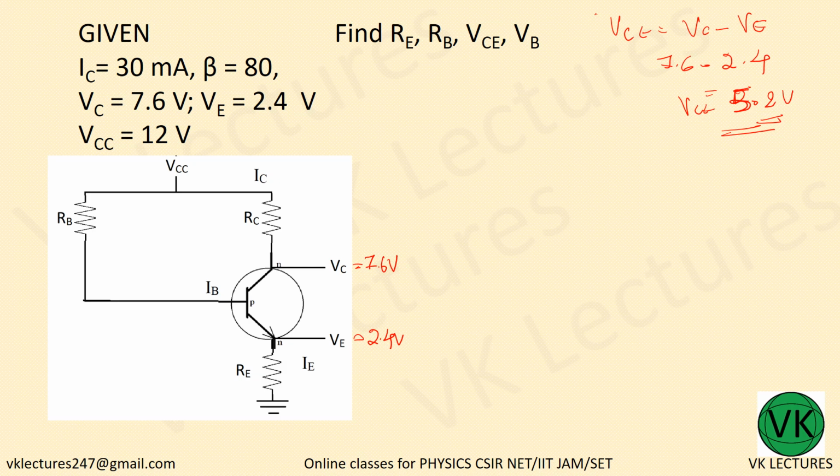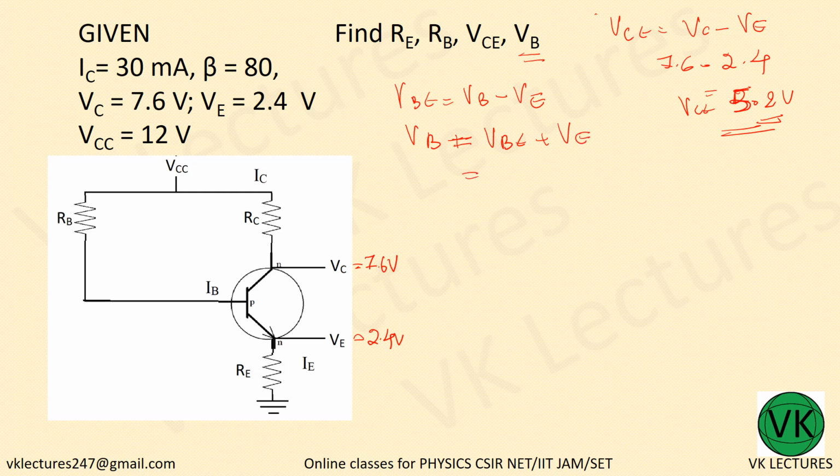Now you are also asked to find out VB. Now VBE is equal to VB minus VE, or VB is equal to VBE plus VE.